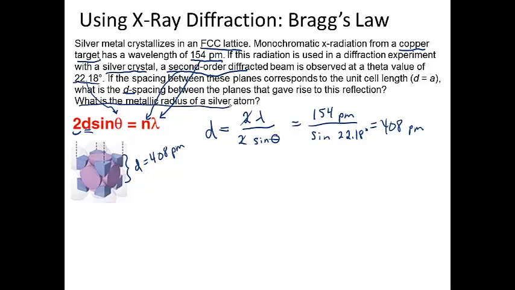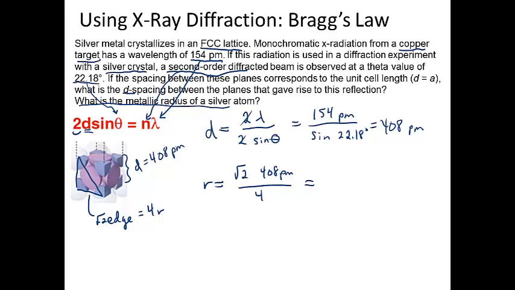The next thing we want to talk about is the metallic radius of a silver atom. For a face-centered cubic unit cell, the edge length times the square root of 2 is equal to 4 times the radius. We now know the edge length, so r is going to equal the square root of 2 times the edge length, 408 picometers, divided by 4.